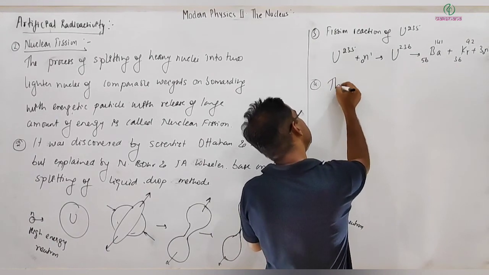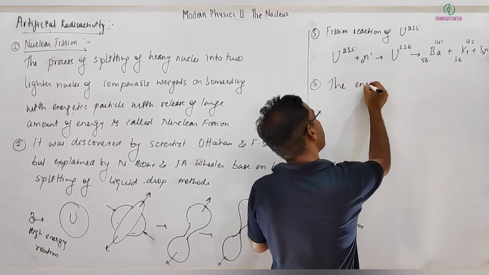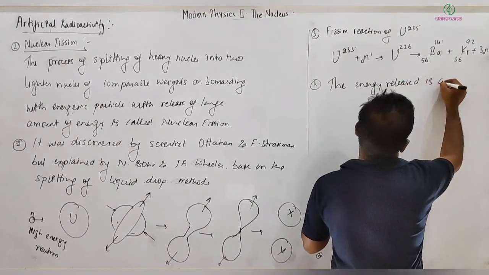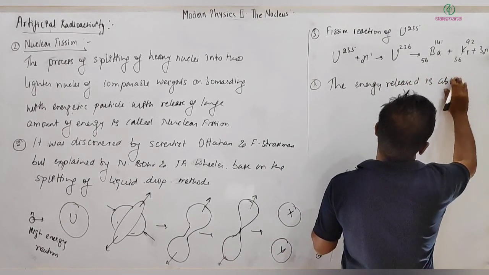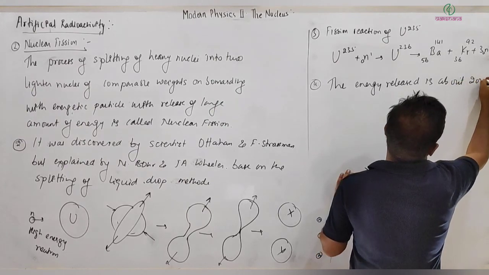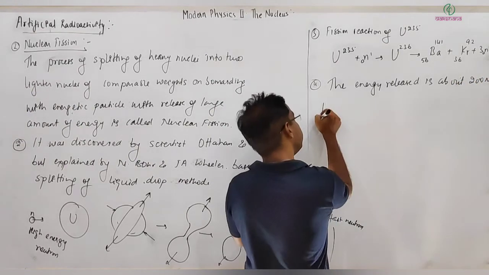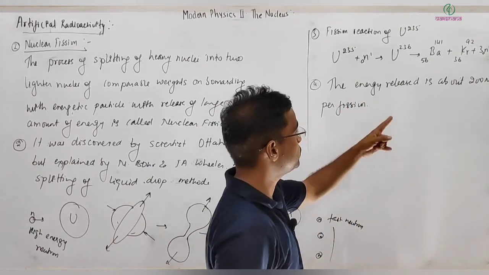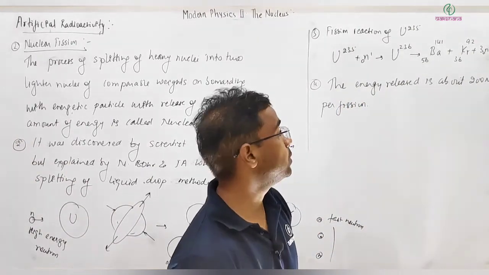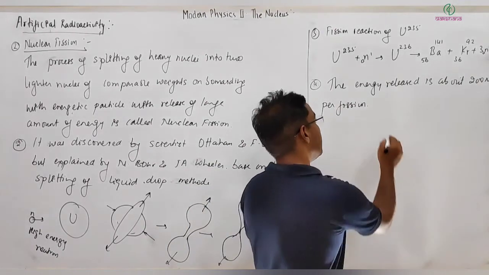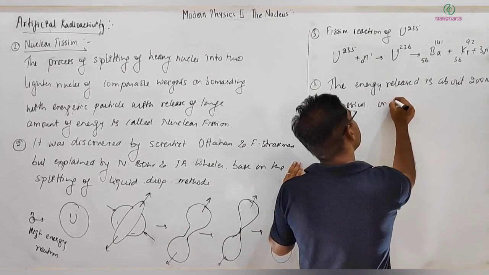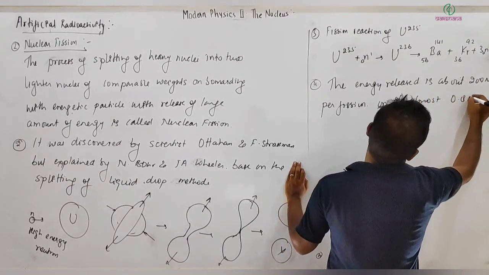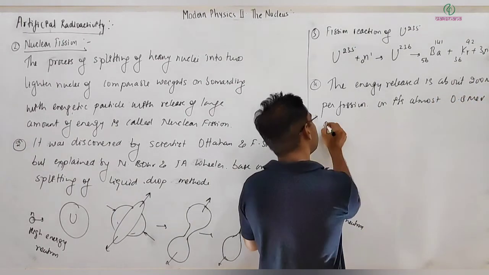Here the energy released is about 200 mega electron volt per fission. Around 200, and this 200 mega electron volt energy is huge, and it is almost 0.8 MeV per nucleon.